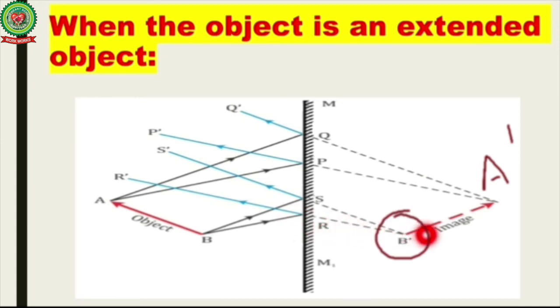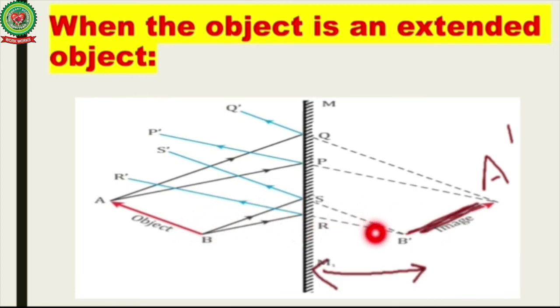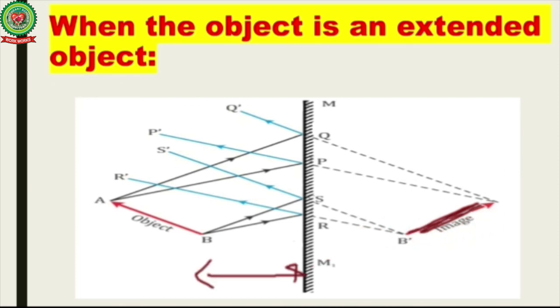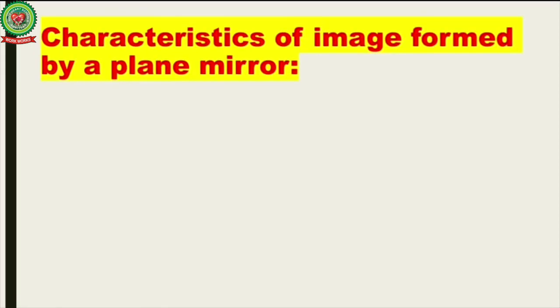Now join A dash and B dash, we get the complete image of the extended object. Students, this image A dash B dash is formed at the same distance from the mirror as the distance of AB from the mirror. Now let's discuss characteristics of image formed by a plane mirror.